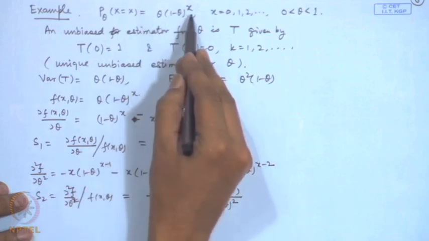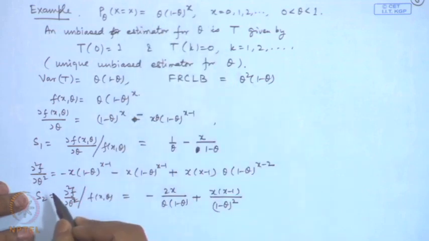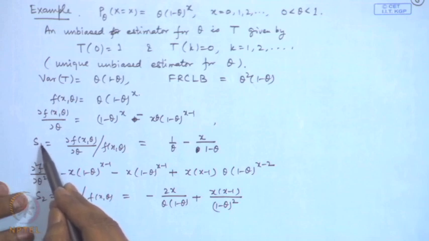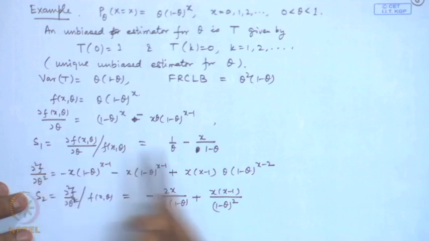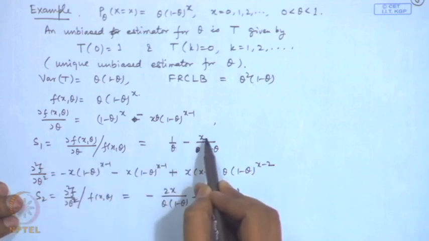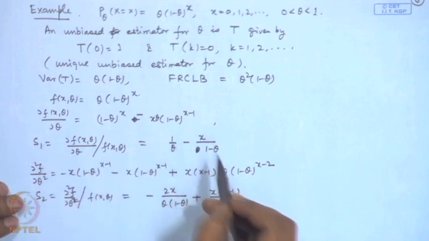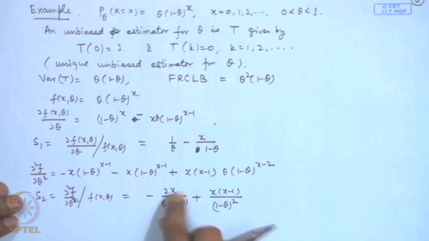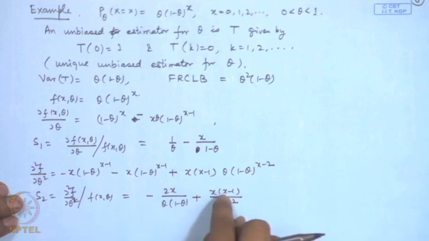Now, for this geometric distribution, if I want to calculate the variance covariance matrix of S, then I need various expectations. In fact, I will need expectation of x, x square, x cube and x to the power 4 also.